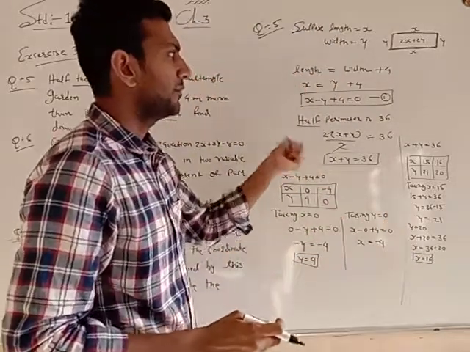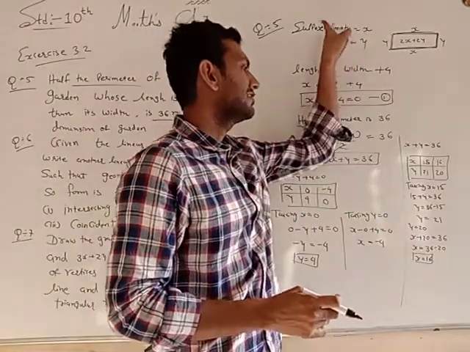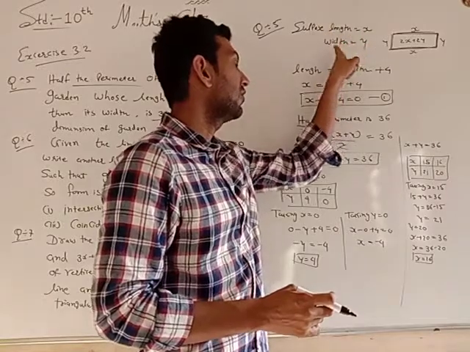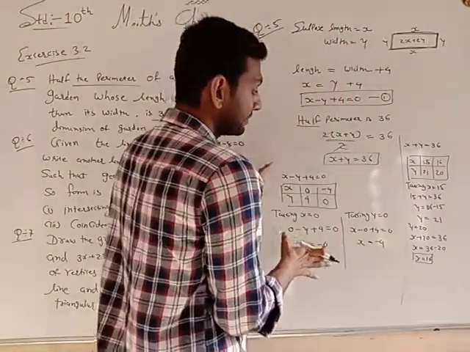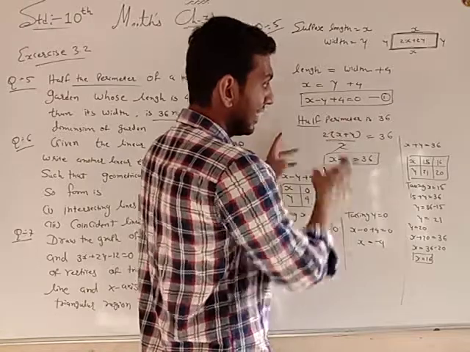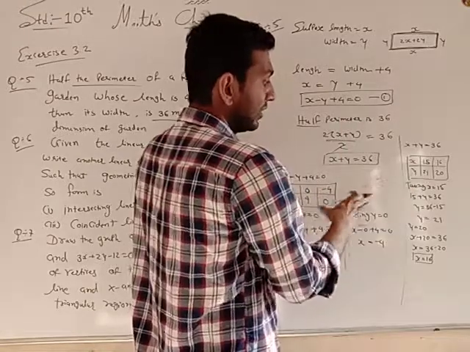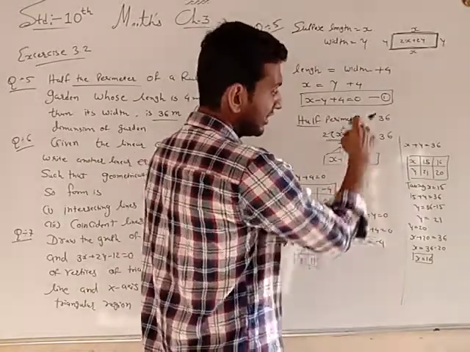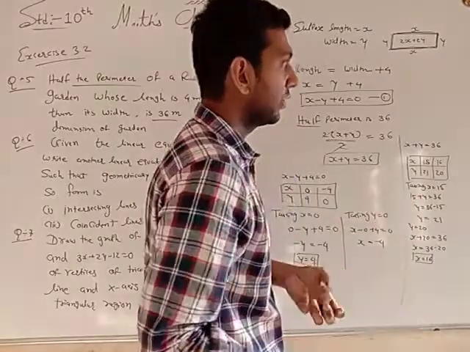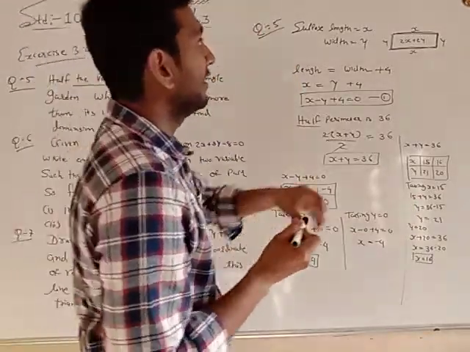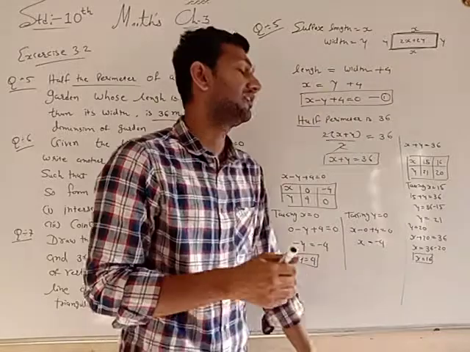Whatever the intersecting point, the value of x is your answer for length and the value of y is your answer for width. In this video I will not draw the graph; I have found the two solutions, you can draw the graph and find the value of length and width.